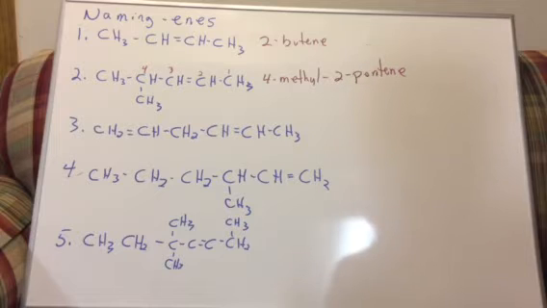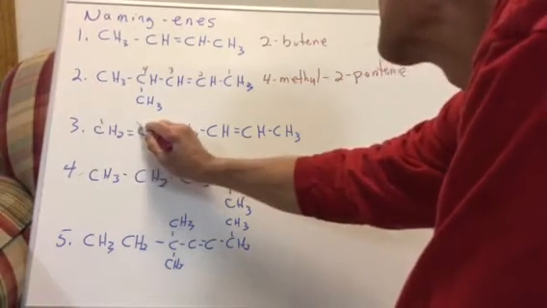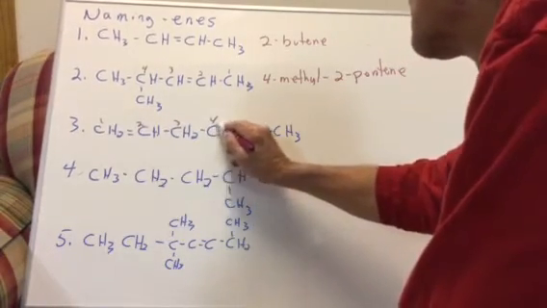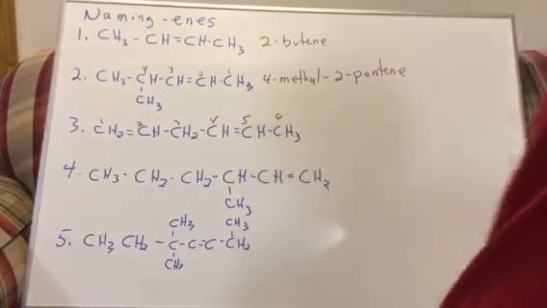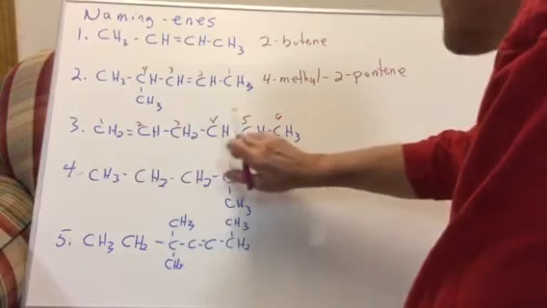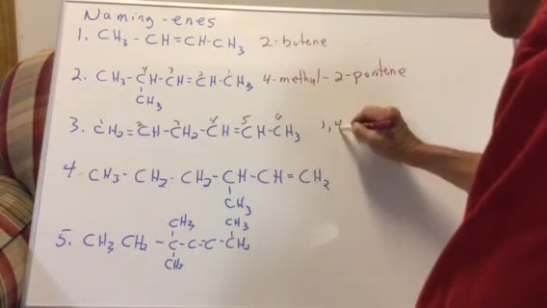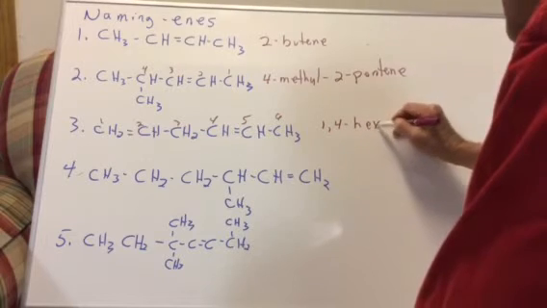Number 3, most of you got that one right. You saw 6 in a row, so you said it's hex. And then you saw it's on number 1 carbon, and on number 5 carbon. 1, 2, 3, I'm sorry, number 4 carbon. So you would have 1, 4, hexa.